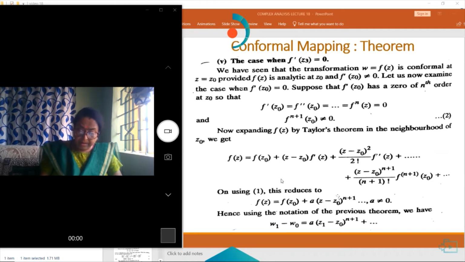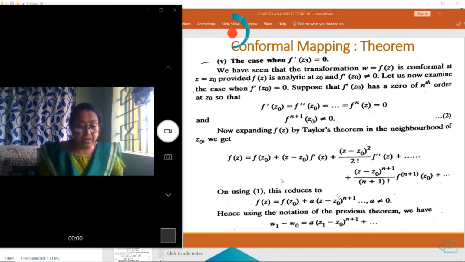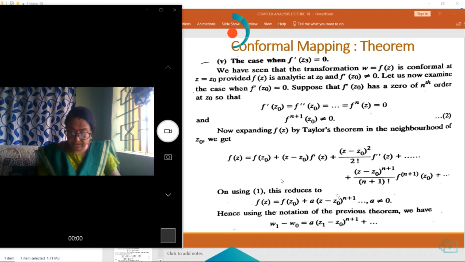Now, W1 minus W0 can be written as a into (z1 - z0) whole to the power n+1.